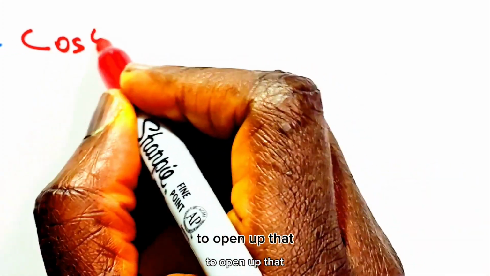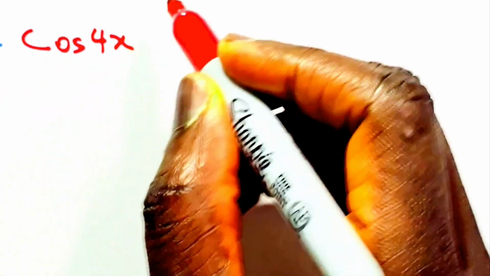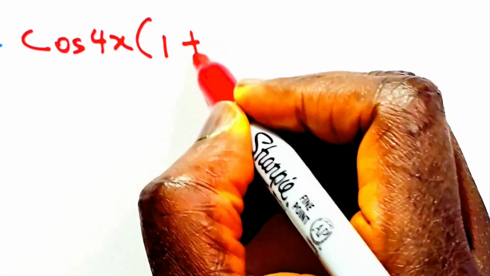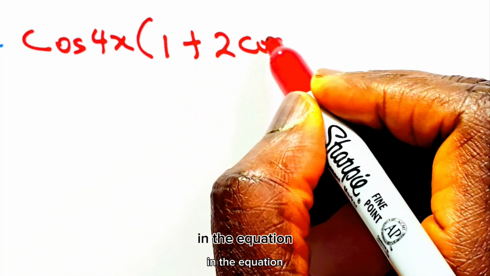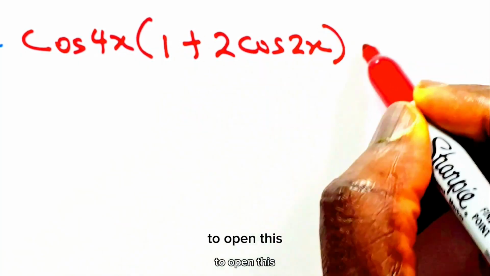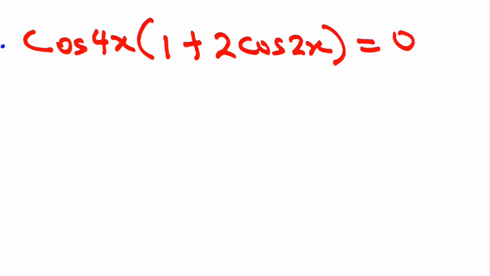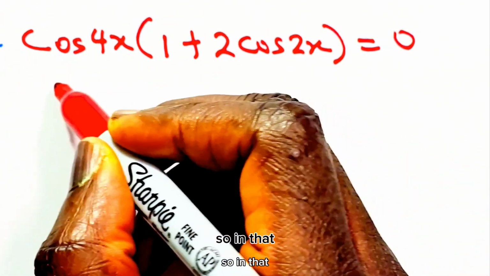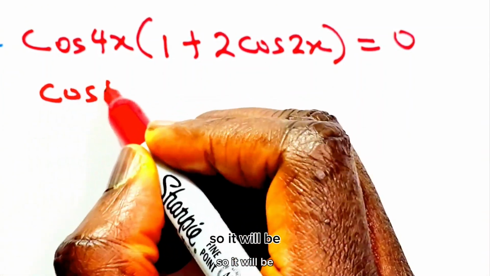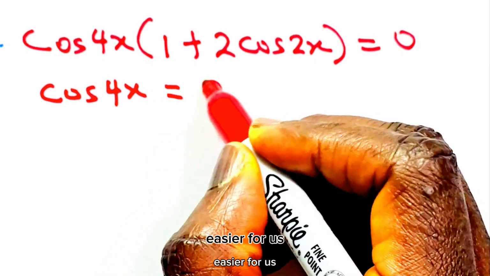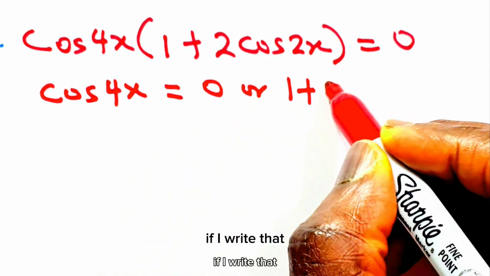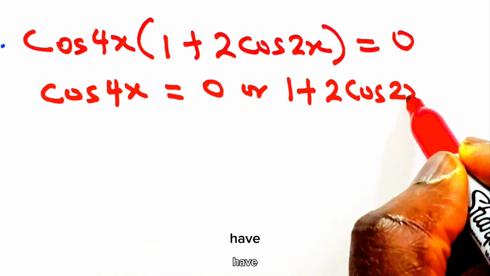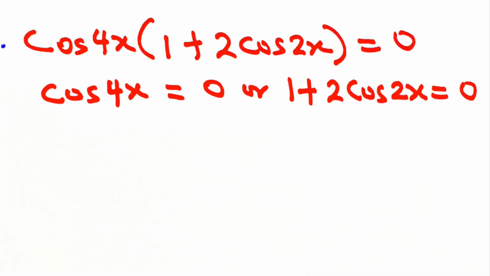We're going to have cos 4x into bracket 1 plus 2 cos 2x equal 0. So now we can then say cos 4x equals 0, or 1 plus 2 cos 2x equals 0.